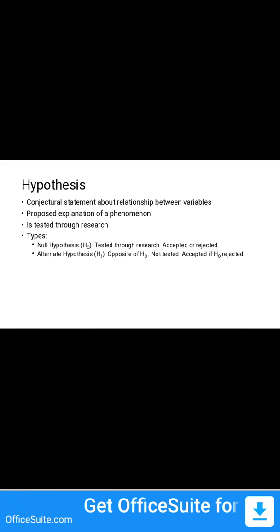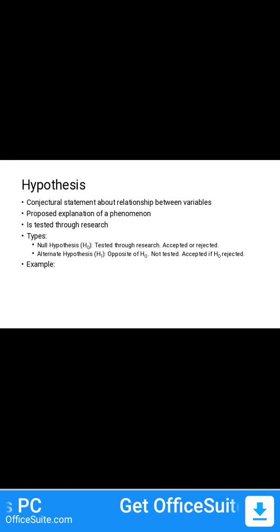And it makes sense also. See, alternate hypothesis is the opposite of null hypothesis. If null hypothesis is not true, the opposite, which is alternate hypothesis, has got to be true. So this is what we do in the research. We only test the null hypothesis. If we find it to be true, we accept it. If we don't find it to be true, we reject it, and automatically then we will accept the alternate hypothesis.